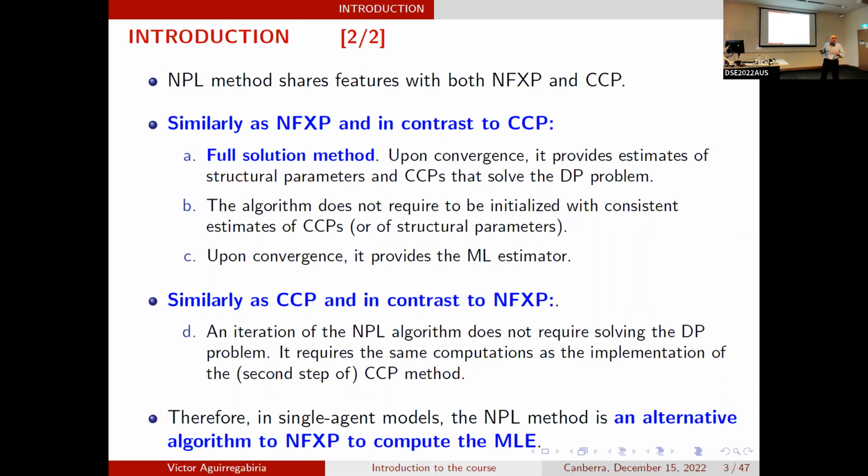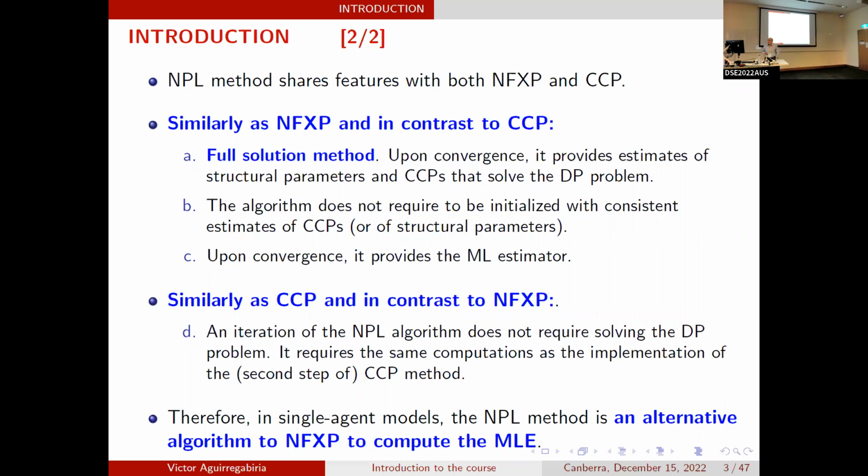What do I mean by a full solution method? It means that once we obtain this estimator, the nested pseudo likelihood estimator, we have a pair of structural parameters and CCPs that are a solution of the model. That is, the CCPs are a solution of the dynamic programming problem for our estimate of the structural parameters.